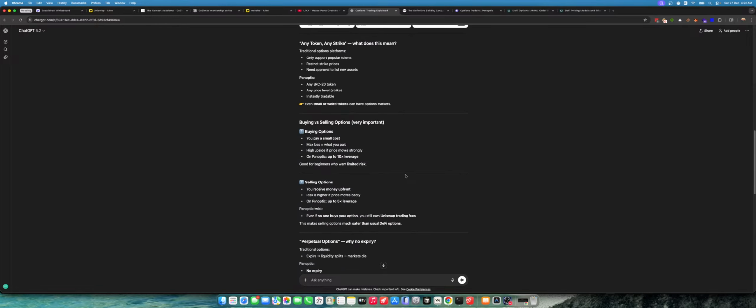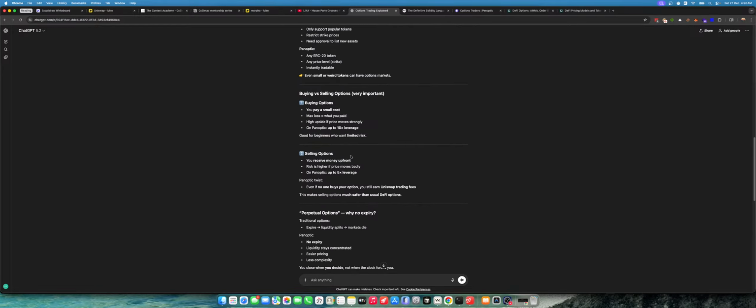Very important. When buying options, you pay a small cost. Max loss is what you pay. Upside price move, high upside, 10x leverage. Up to 10x leverage is basically how much allowance you are getting on top of the collateral you are putting up.